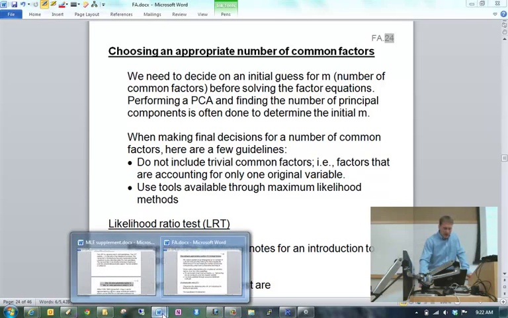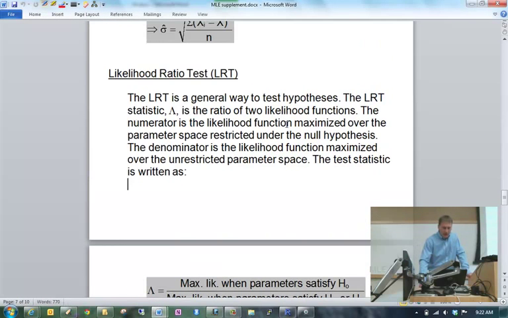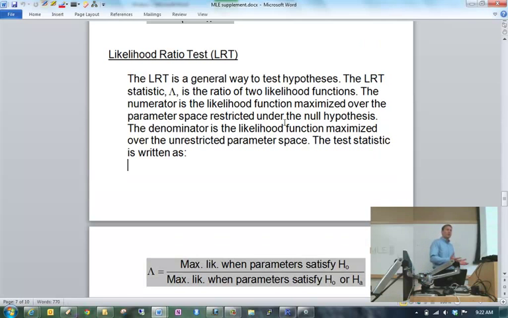In this maximum likelihood estimation supplement that I put together, that's on my website, I have a short description of what a likelihood ratio test is. LRTs, likelihood ratio tests, are a very common way that people perform hypothesis tests when maximum likelihood estimation is used to estimate some kind of parameters. Very common method, very useful.